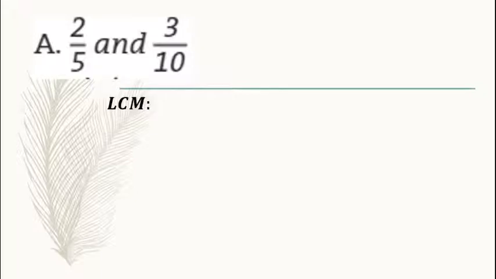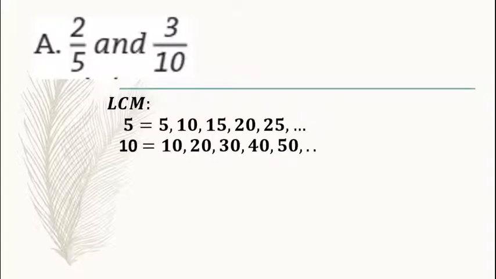Because the denominators of our fractions in letter A, 5 and 10, are different, we need to find first our LCM, or least common multiple. The multiples of 5 are 5, 10, 15, 20, 25, and so on.